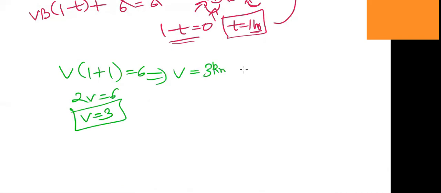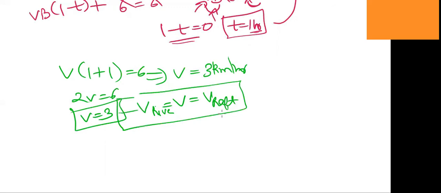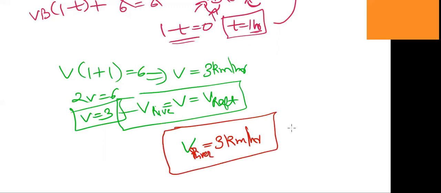We had initially assumed that v is the velocity of the river, which is the same as the velocity of the raft. Here it was asked to find the flow velocity, so our final answer is v equals 3 km per hour, the flow velocity of the river, or the raft velocity.